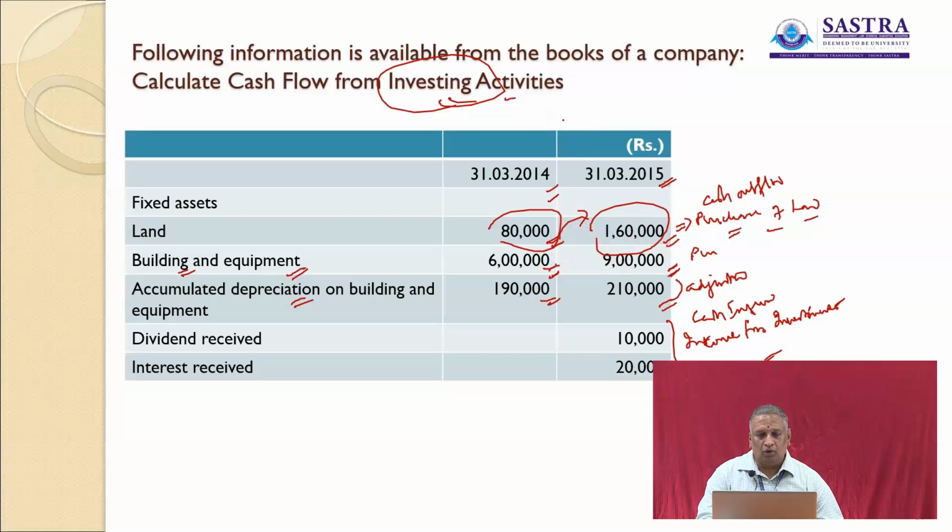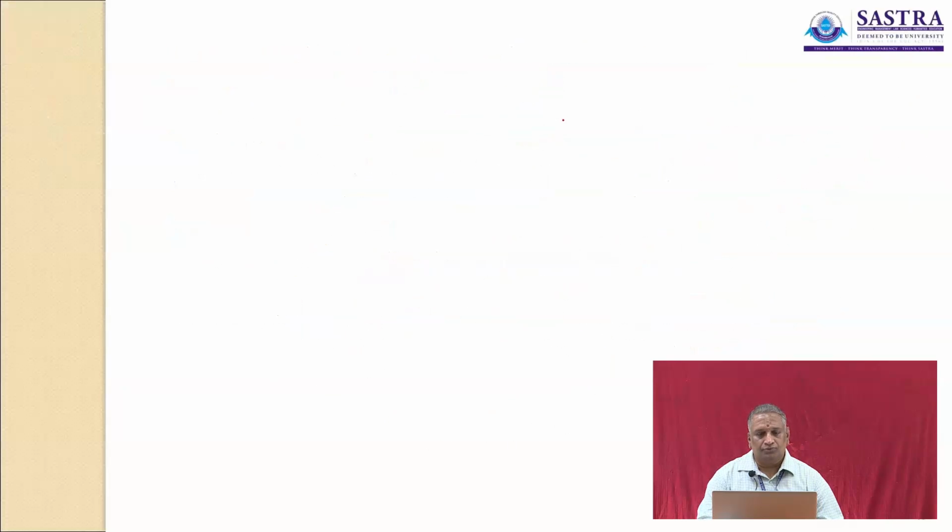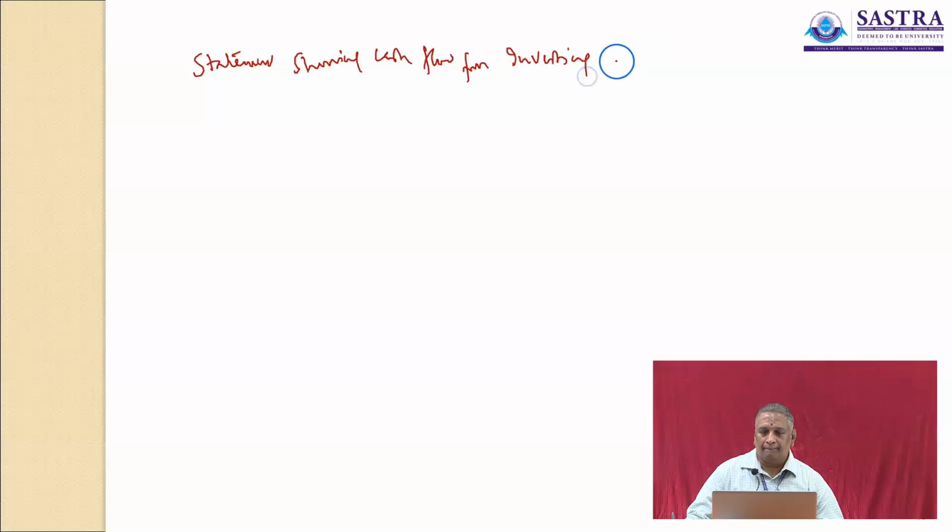So now we can consolidate all these things to know the cash flow from investing activities. So, statement showing cash flow from investing activities.